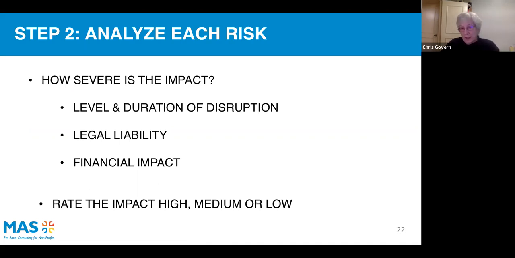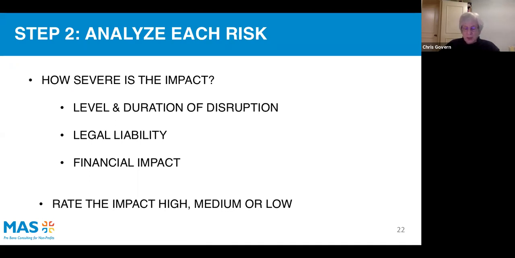So if I think of an example, if I have an executive director who is set to retire within the next 2 years, the likelihood of loss of a key person is high. I can't do much about that. That's high. The consequences could be a lot of knowledge walks out the door.